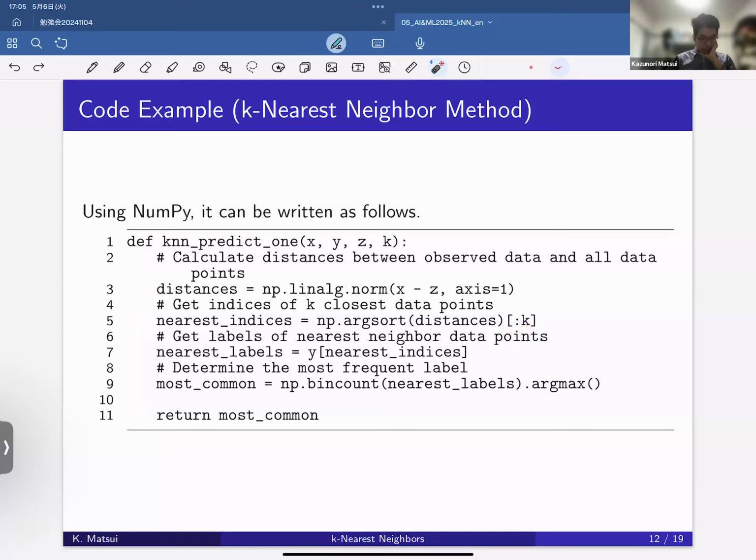We then get the levels corresponding to these indices of the nearest neighbors, from 0 to k minus 1, and using the function introduced earlier, we can easily find the level with the highest frequency among them. The concrete implementation using NumPy would look like this.